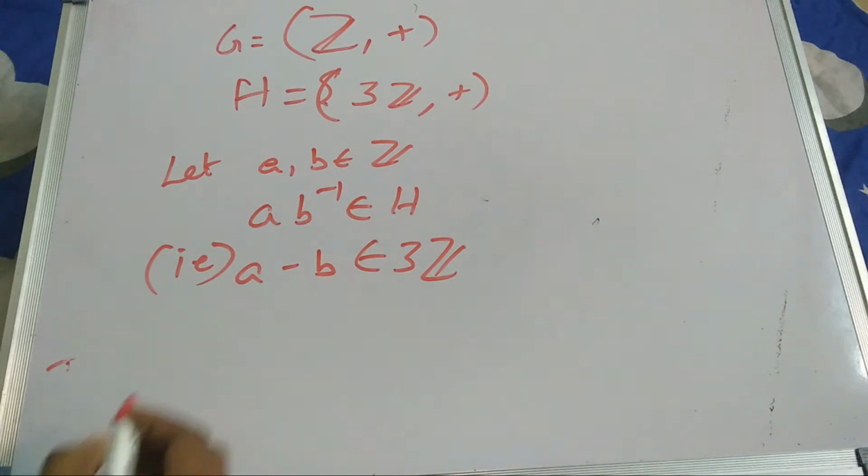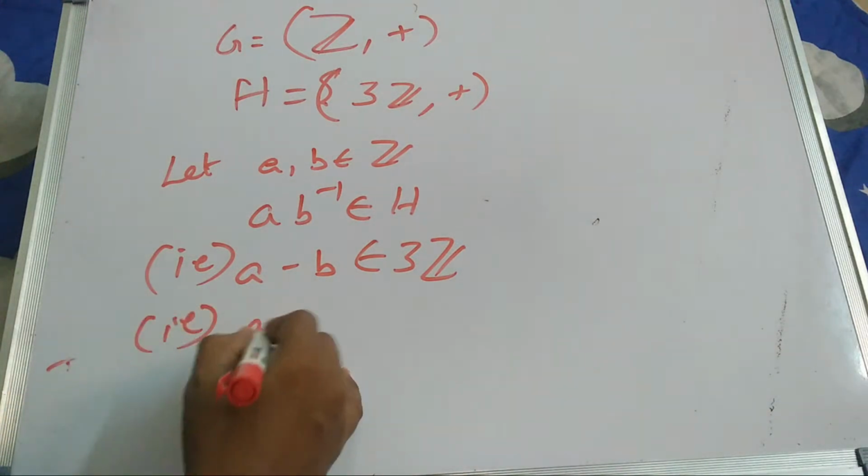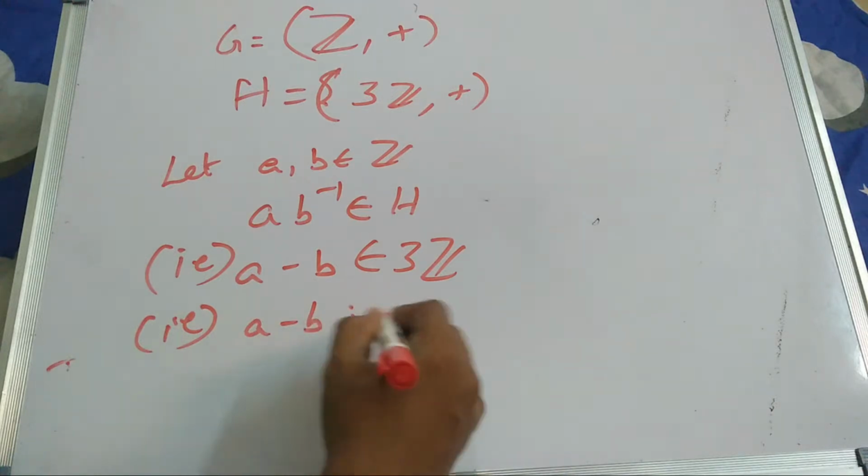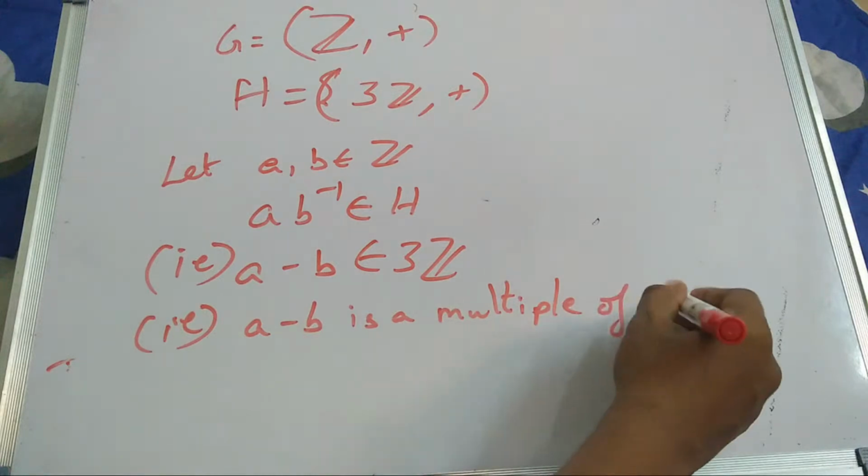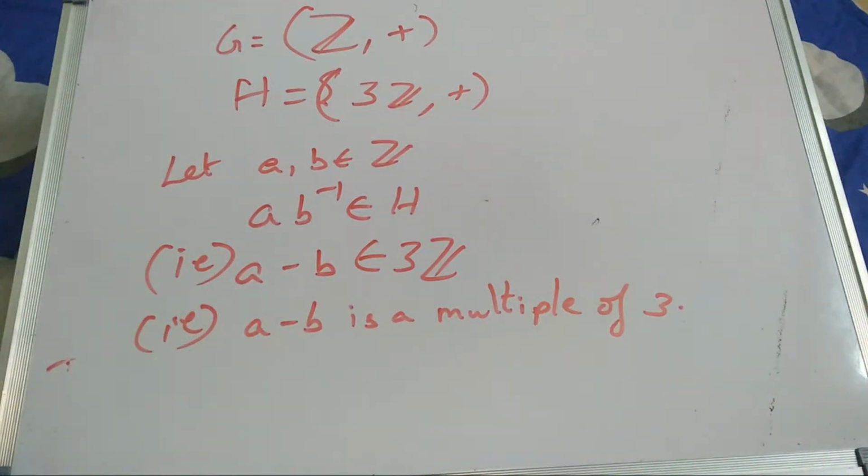That is, a minus b is a multiple of 3. So our ultimate aim is a and b will be related whenever a minus b is a multiple of 3, an integer multiple of 3. As simple as that.